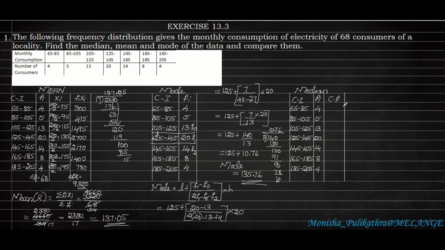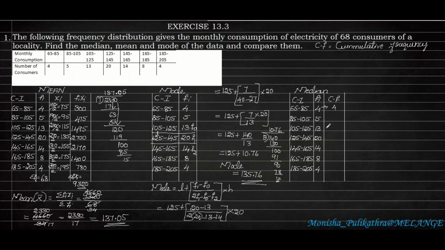How to calculate median: there is one more column apart from CI and FI. This is called cumulative frequency. I will write it here. CF means cumulative frequency. Okay. So how to calculate CF is, first we have to write the same number as Fi, that is 4 itself.